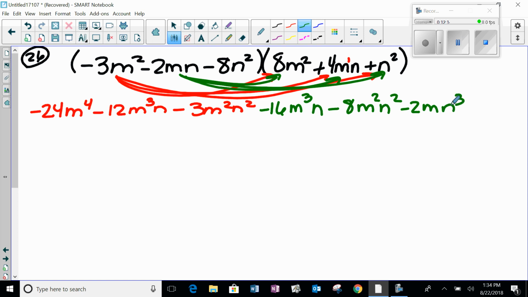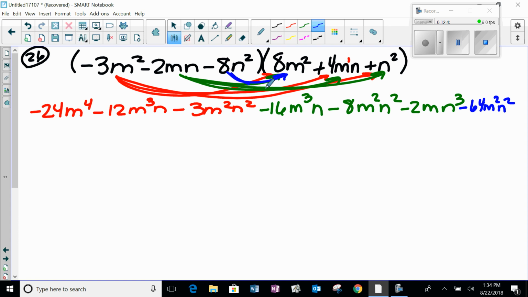Now I'm going to go to my third term. Negative 8n squared times 8m squared is going to give me, and I'm running out of room here, negative 64m squared n squared.